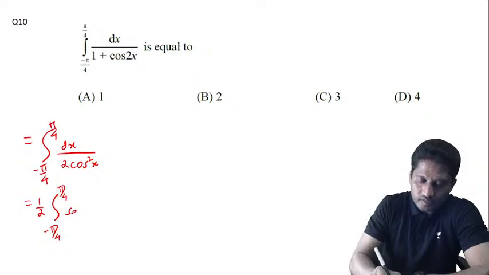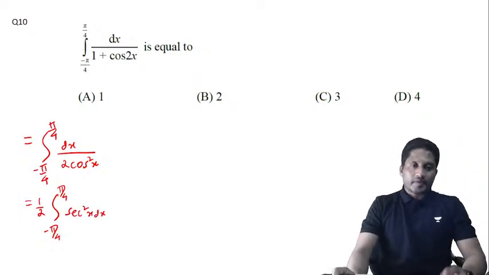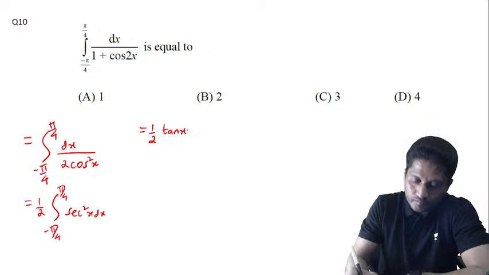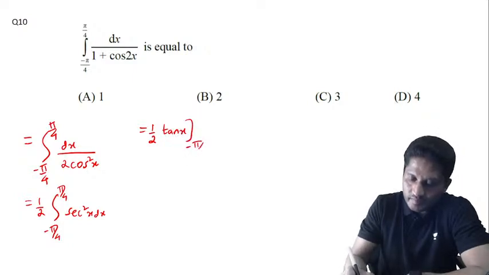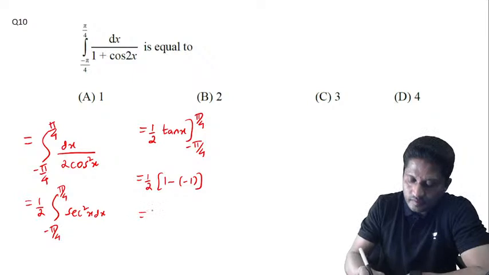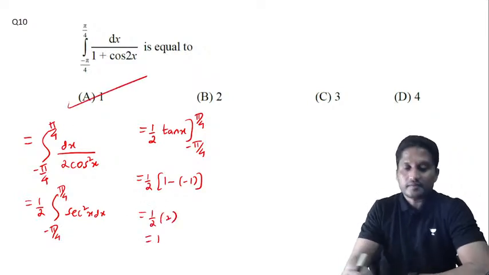Okay, 1 by cos is sec, you get sec square x dx, isn't it, guys? So if you want to use that even property, otherwise directly you will get. So this is equal to half of integration of sec square x is tan x between the limits minus pi by 4 to plus pi by 4. Tan 45 is 1, tan of minus 45 is minus 1. Half into 2, which is equal to 1. Answer is option A.